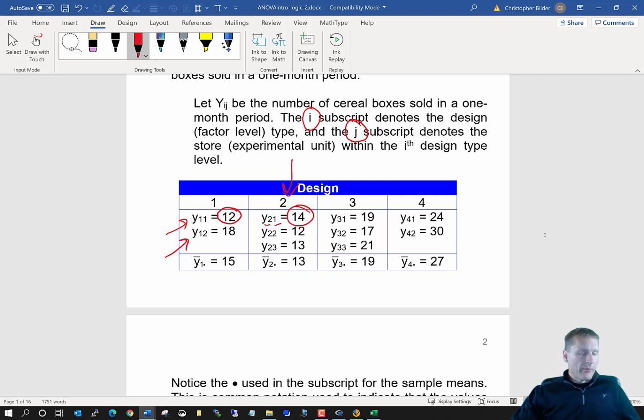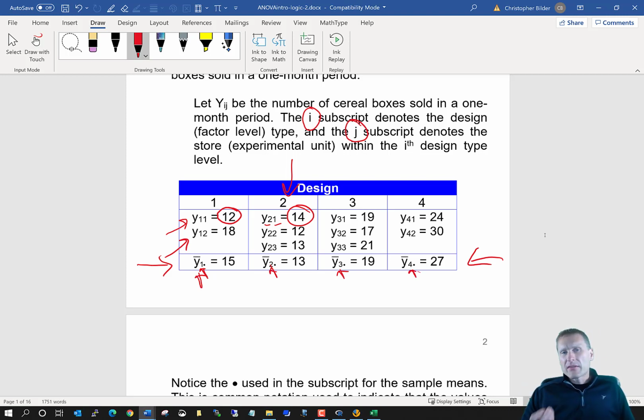Now, at the bottom of the table, we have essentially the sample means by design type. So similar to what we've done before, we put a bar on top of the y. And because we need to say what design we're talking about, we have design 1, 2, 3, 4.